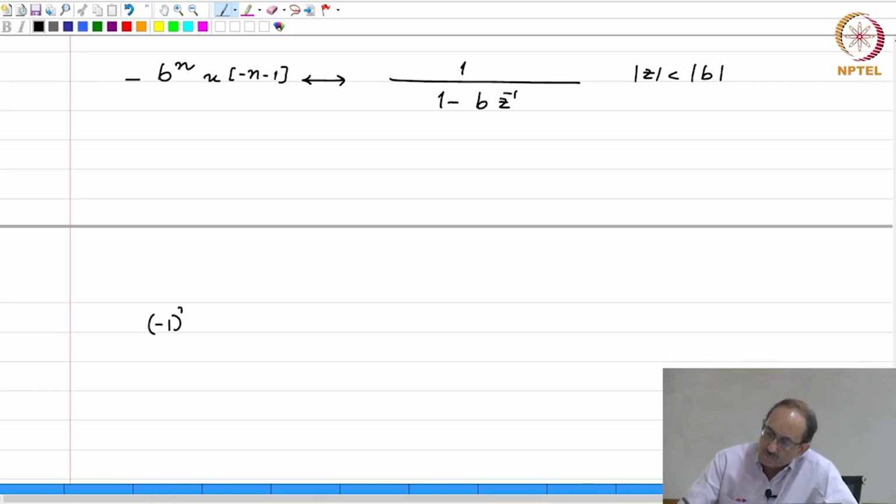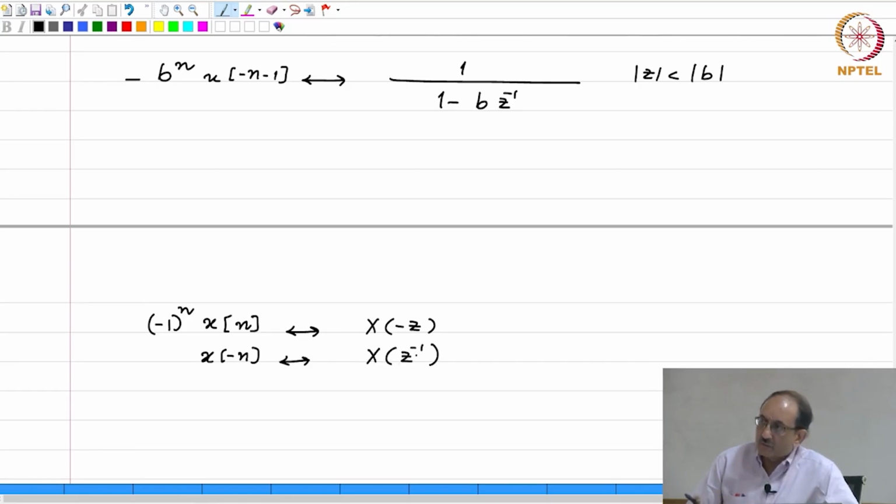You had minus 1 to the n x of n, this is x of minus z, whereas x of minus n is x of z inverse. And time reversal causes a causal sequence to become anti-causal and vice versa.